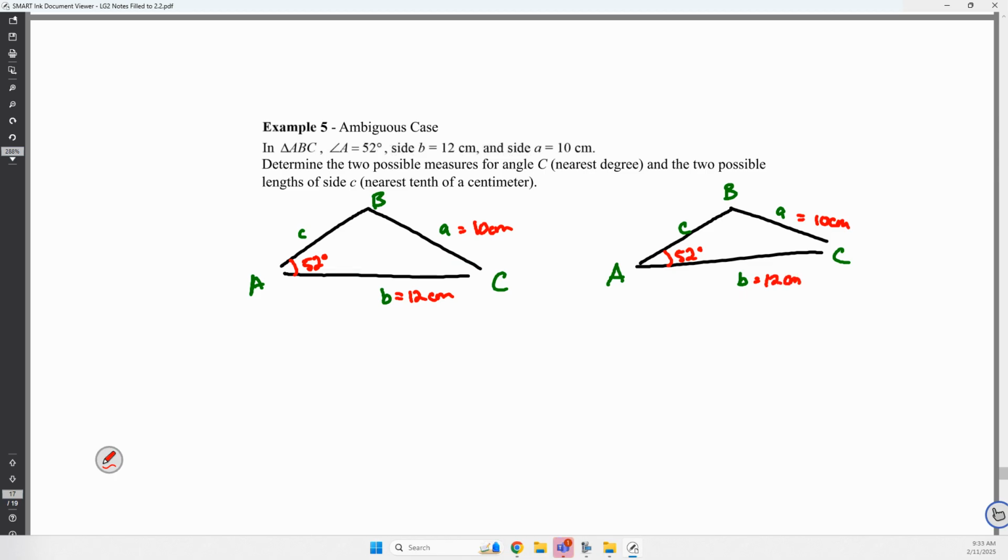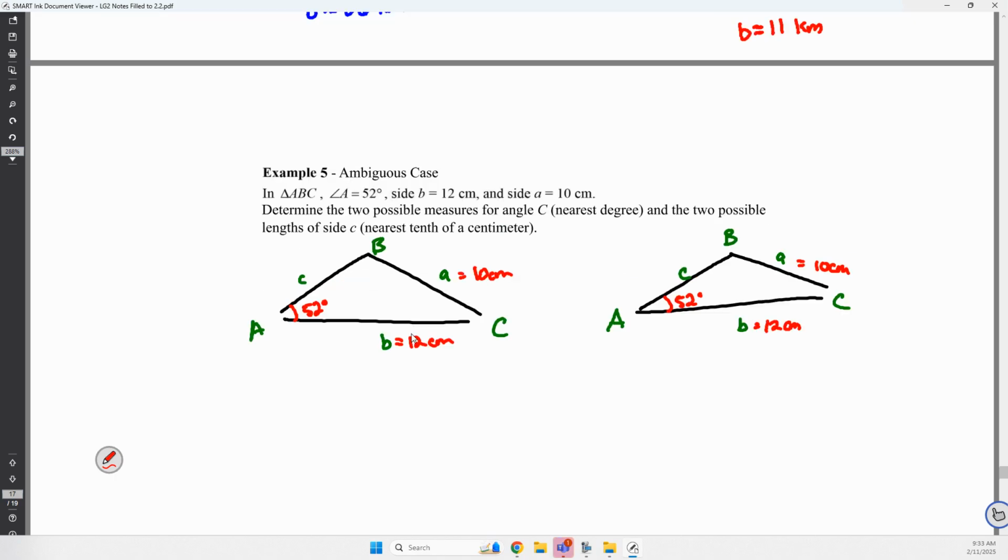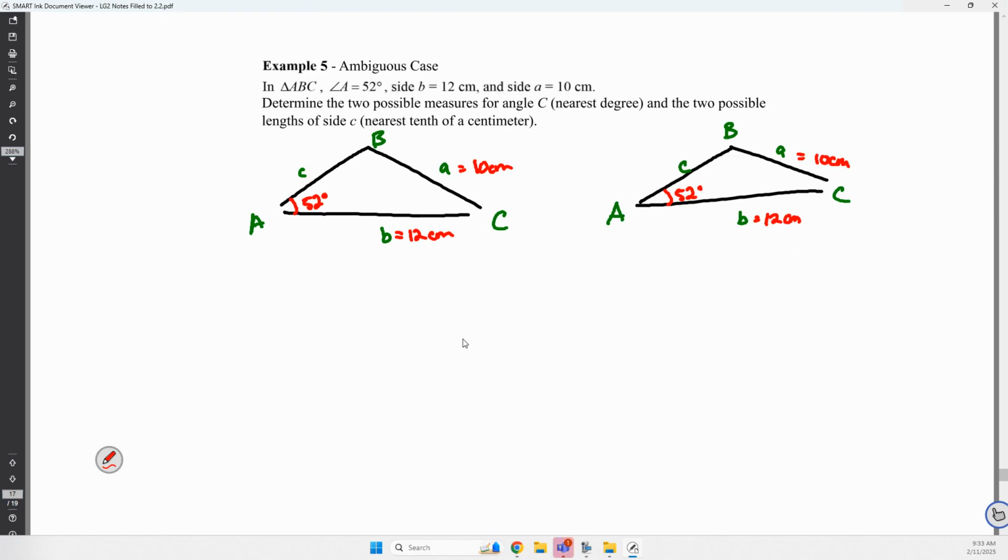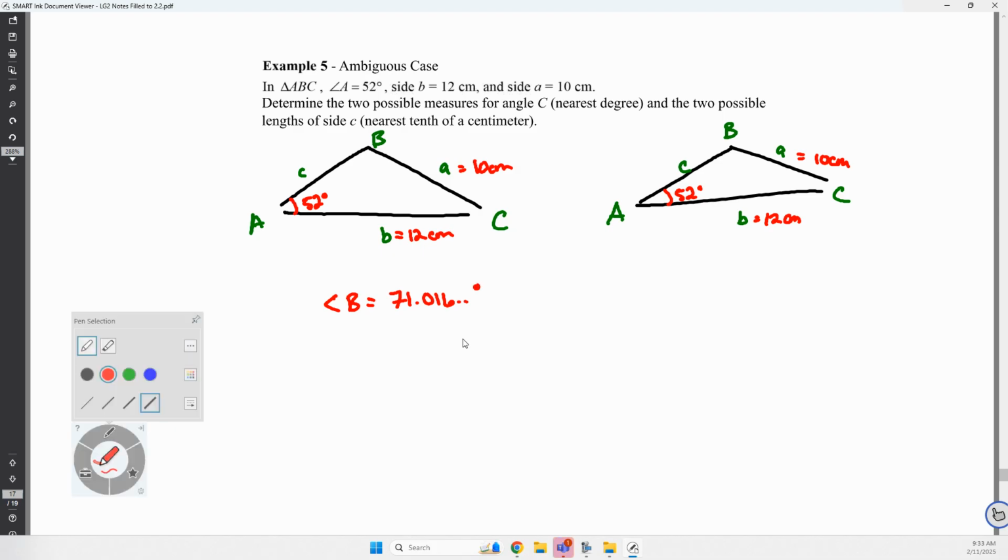Okay, now note I didn't draw these properly, but what you would do is use your sine law and figure out what is the angle of B. Okay, what you end up getting is if you use your sine law and solve for B here, you get that the angle B is equal to 71.016 degrees. This makes it acute.